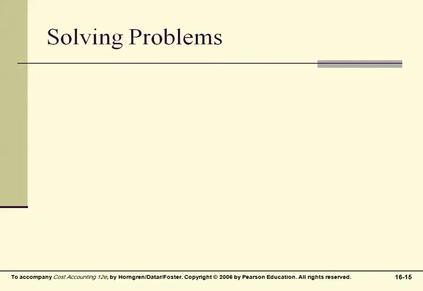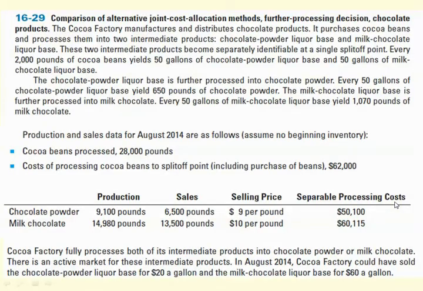Now let's solve a problem on this part. Let's start by solving problem number 16-29. The cocoa factory manufactures and distributes chocolate products. It purchases cocoa beans and processes them into two intermediate products: chocolate powder liquor base and milk chocolate liquor base.